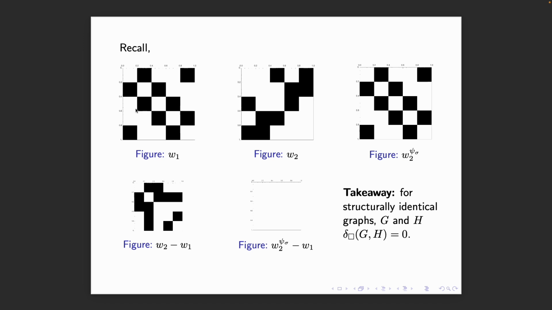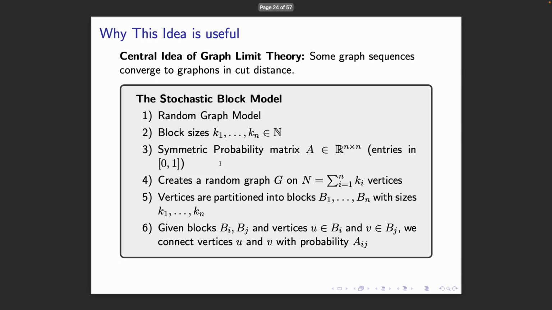So here, while these two graphs look far apart, there's a permutation that makes it so when you subtract their graphons, it's 0. And so the key takeaway is that if you have two structurally identical graphs, which we would call isomorphic graphs, their distance is 0.